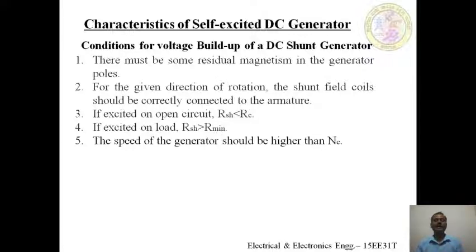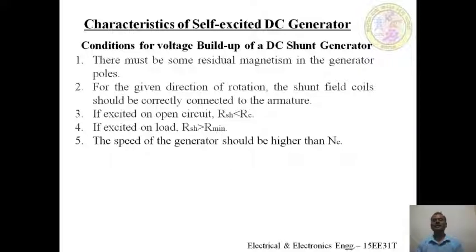With regard to polarity, the shunt field coils must be properly connected. Like we have studied previously, initially due to the residual flux, some EMF is induced. That induced EMF circulates current in the field winding that produces flux. Both fluxes must add to strengthen the induced EMF.